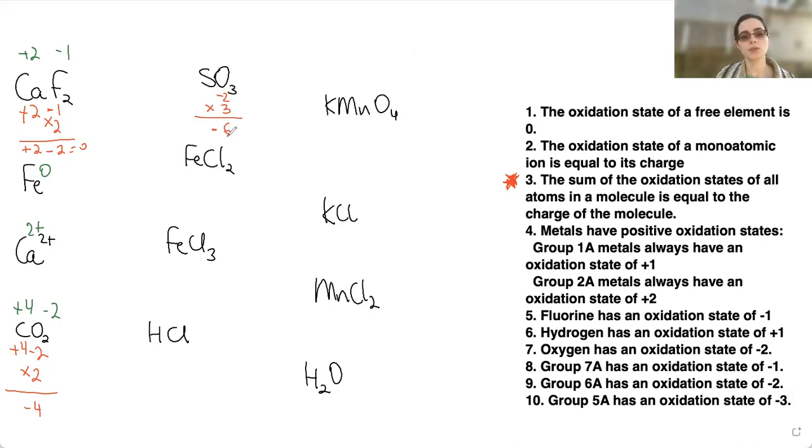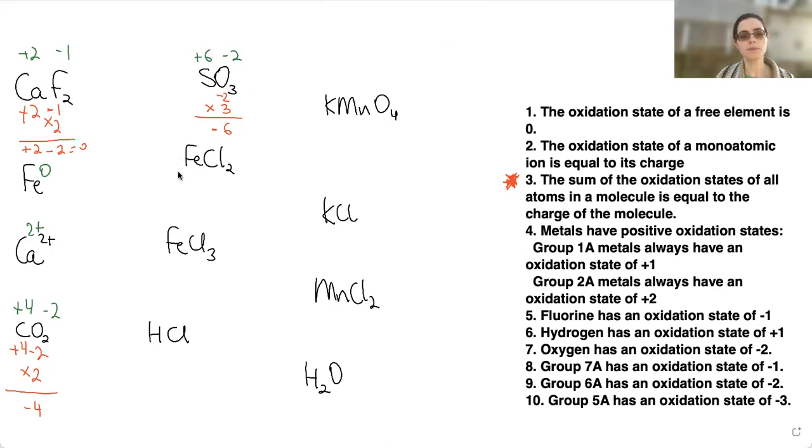So I have -6 total for oxygen, a very similar situation to before. So because of rule number 3, the sum of the oxidation states has to be equal to the charge of the molecule, the oxidation state of sulfur has to be +6. So +6 and -2.